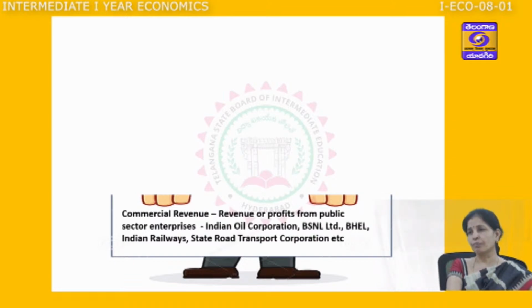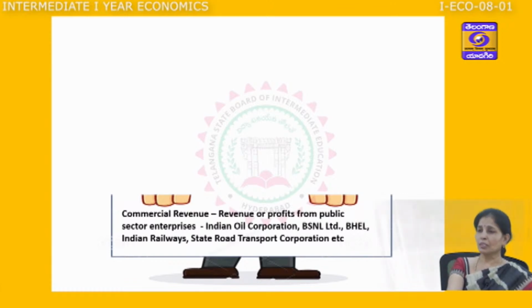Commercial revenue. The government also owns certain enterprises, which are called public sector enterprises. The revenue or the profits that the government receives from these enterprises are considered commercial revenue.